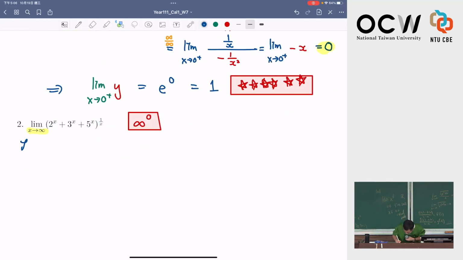Then we're going to apply the usual technique. We're going to let y be the expression that we want to deal with. That is 2 to the x plus 3 to the x plus 5 to the x to the power 1 over x.